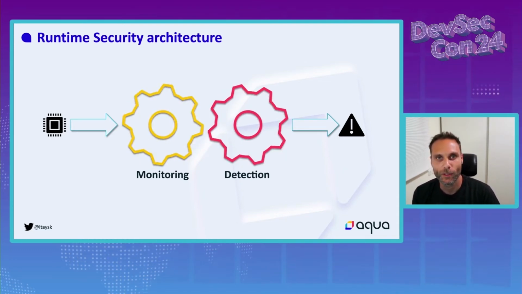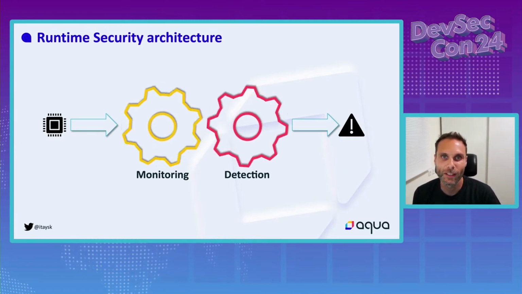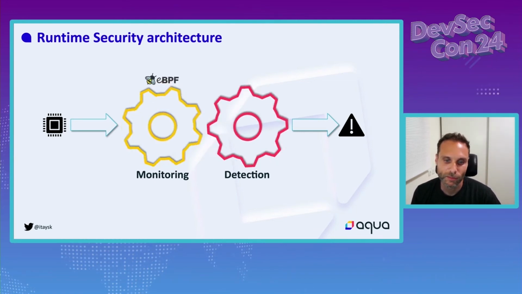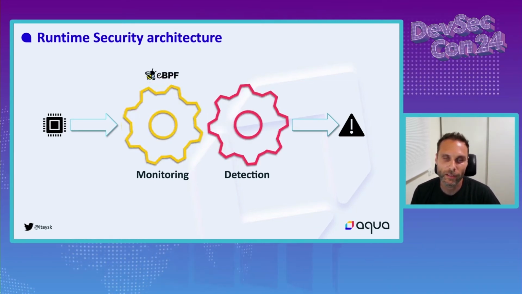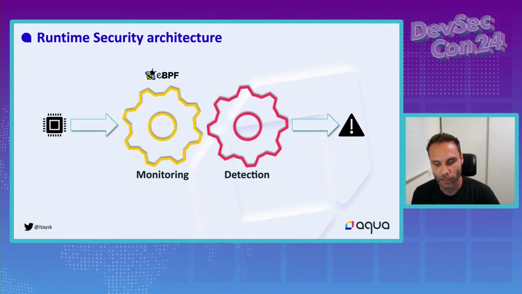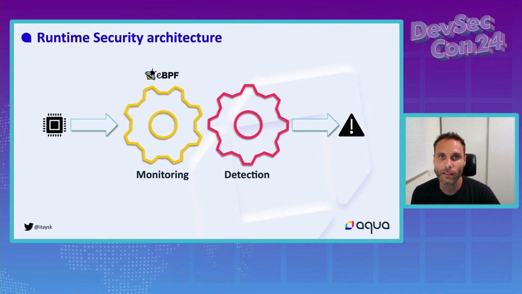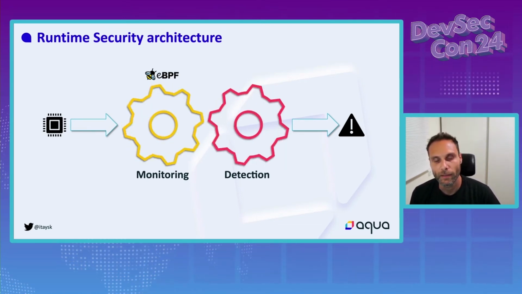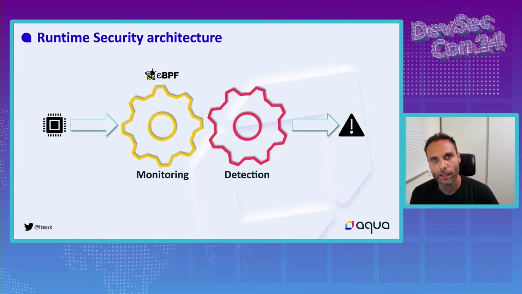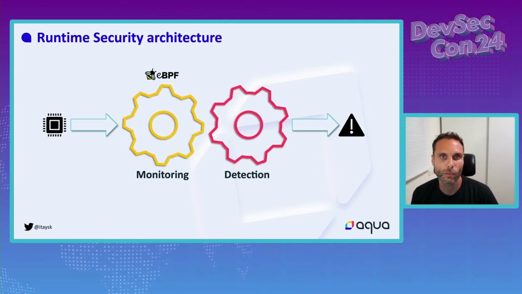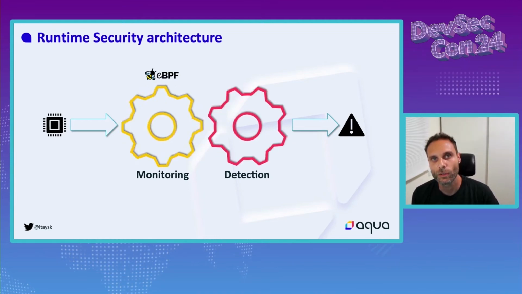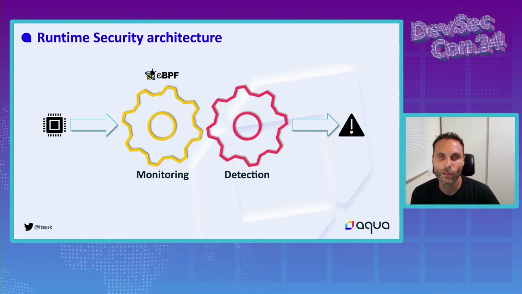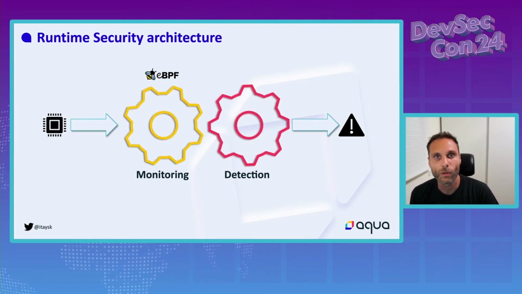And you know the title of the talk, so you know that there are two core technologies that play here. One, eBPF for monitoring the operating system. eBPF is a very exciting Linux technology. It's part of the Linux kernel. In a nutshell, it allows us to instrument the operating system and attach to very interesting points in the kernel workflow and actually execute our own code in there.